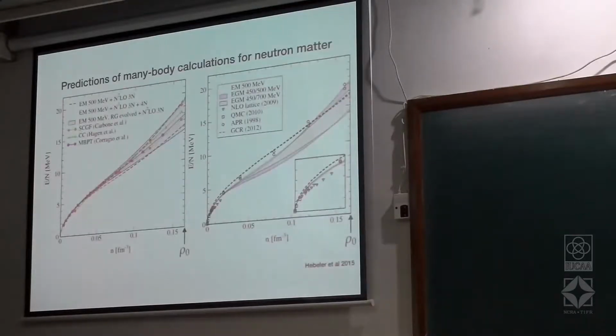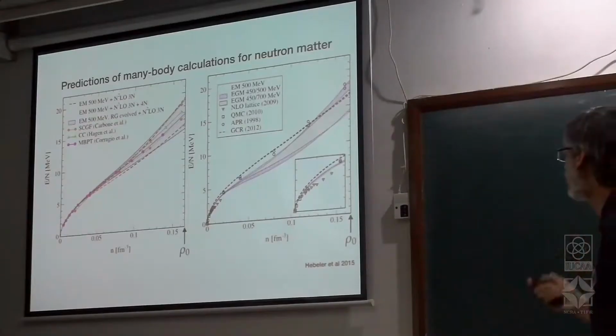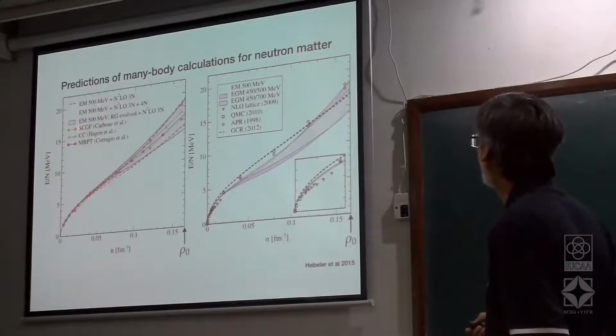Now, many body calculations also people have been doing for quite a while now, going up in order. NLO is next to leading order, NNLO is next to next to leading order, and so on. So now let's take the prediction of many body calculations for nuclear matter.